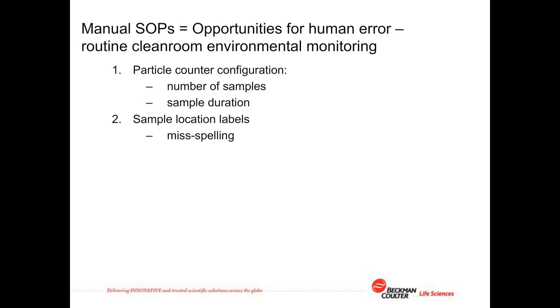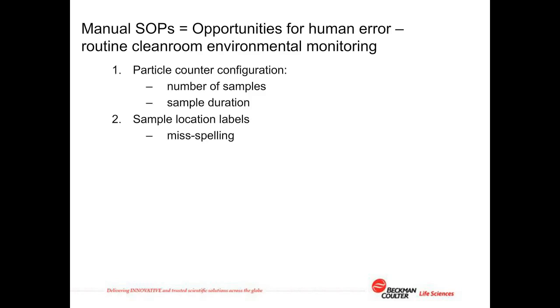Typically, as each location is reached and the particle counter is started, the sample location label, the name of the sample location, has to be manually entered into the particle counter, typically done through a touch screen on the particle counter itself. And of course, this gives the opportunity for errors and misspellings.